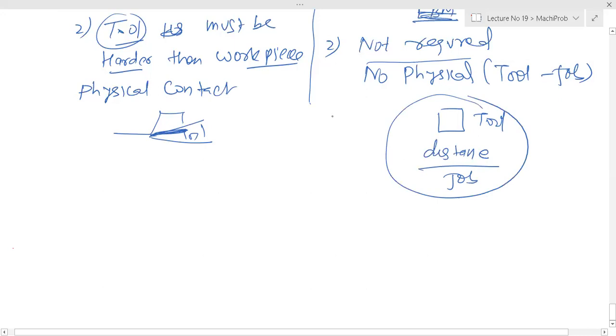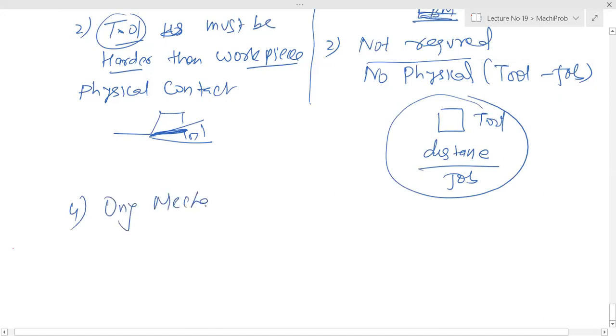We'll discuss it when I discuss AJM, or USM, or ECM, or EDM, or PAM, or LBM, or chemical milling. Everything we'll discuss. Then you have fourth, only mechanical energy.